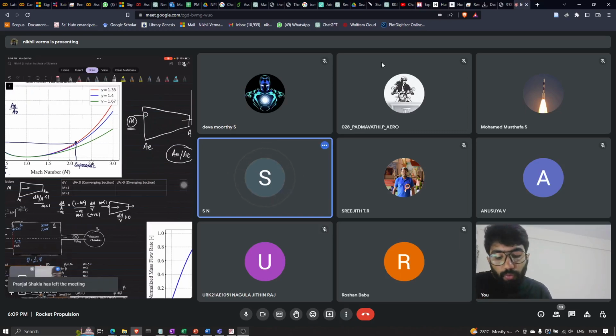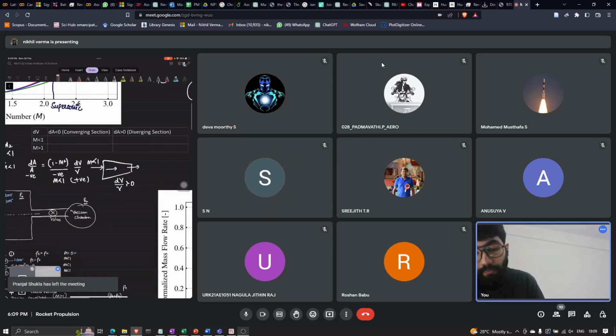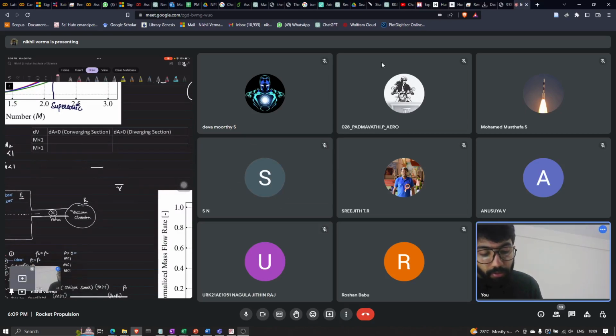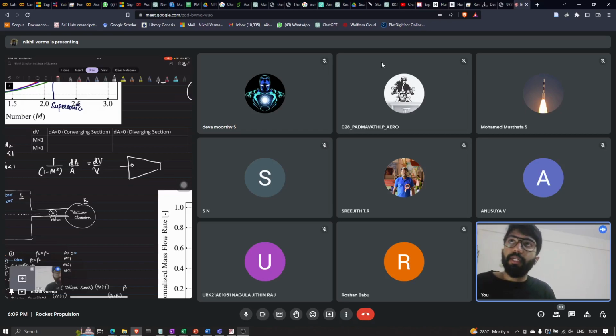Yeah, so what I mean here is, okay. dA by A equals (1 minus M squared) dV by V, right? If you have a converging section, along the flow your area is decreasing.